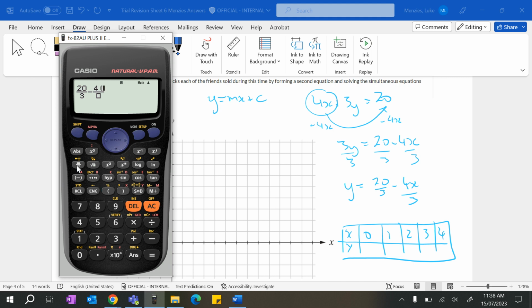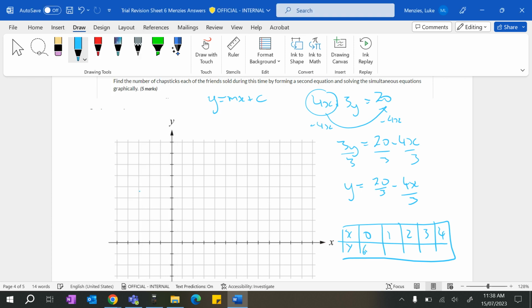And I will put in brackets. Do I need to? No. Just a good reminder for me what I'm actually doing. And we'll hit equals. So 20 over 3, 6.666. So we'll put it as 6.6 repeating.